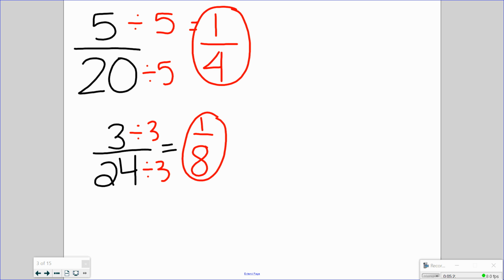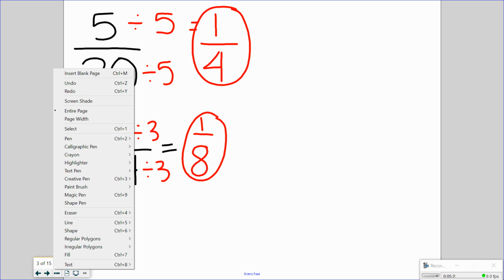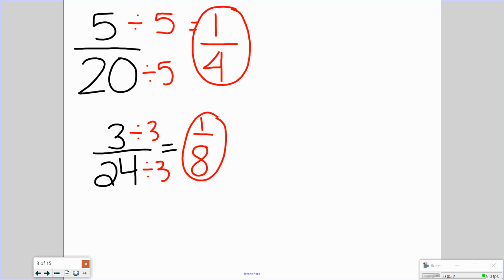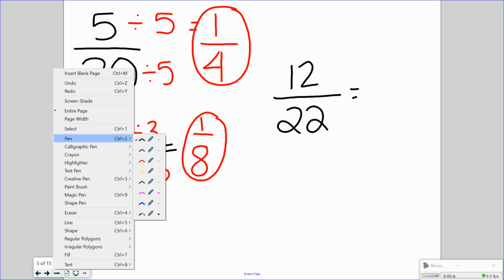Or let's do one more. Okay, let's try 12 over 22. Can I simplify that? Once again, I'm thinking here in my multiplication facts, I need to see what number goes into both 12 and 22.